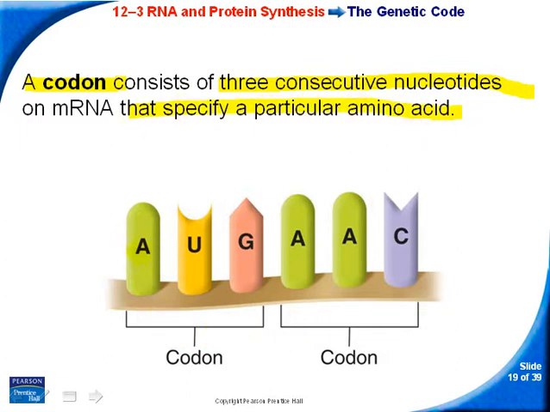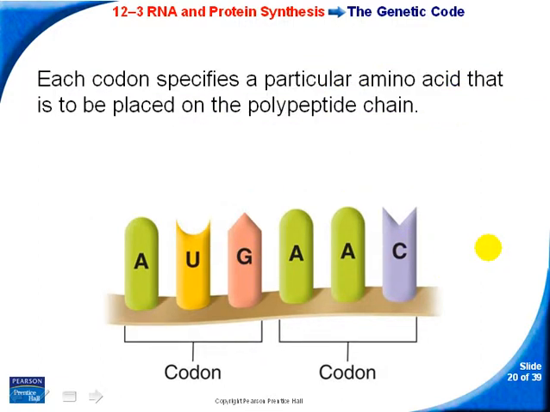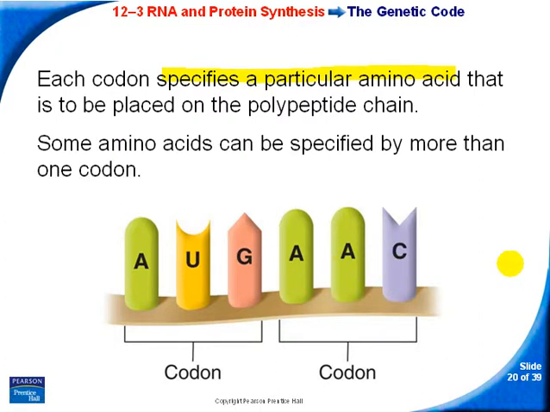Here's one codon right here, AUG. Here's the second one, AAC. Each codon specifies one particular amino acid and then that amino acid is placed on the polypeptide chain in the order that the codons appear. And some amino acids can be specified by more than one codon.